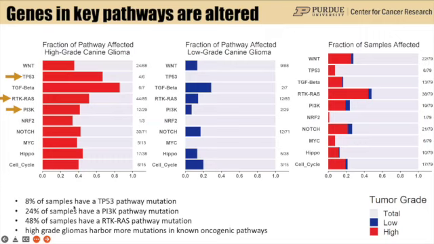Overall, we found that 8% of the samples had a TP53 pathway mutation, 24% had a PI3K pathway mutation, and 48% had an RTK-RAS pathway mutation. We can also see, particularly on the right-hand side of this figure, that high-grade gliomas harbor more mutations in known oncogenic pathways.